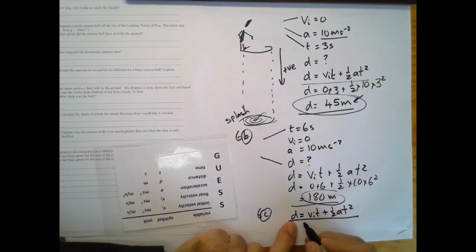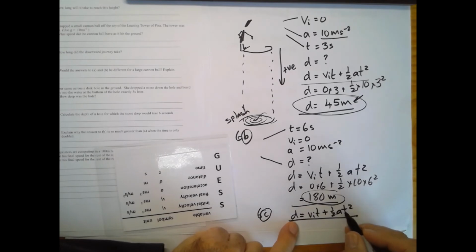What happens when we double the time? This is squared. The distance is proportional to the square of the time. So if we double the time, 2 times 2 is 4, the distance is 4 times as great.